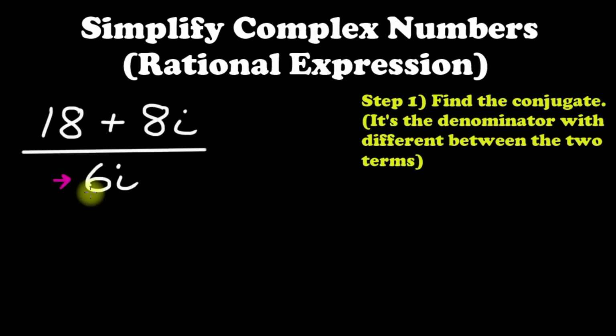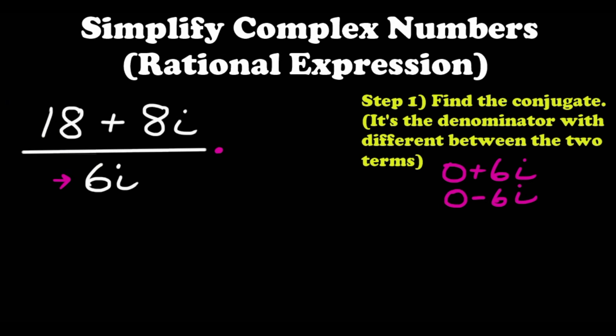Think of this as 0 plus 6i, right? Because 0 is the real number. So the conjugate here is going to be 0 minus 6i. Okay, so that's step 1, is to come up with the conjugate.